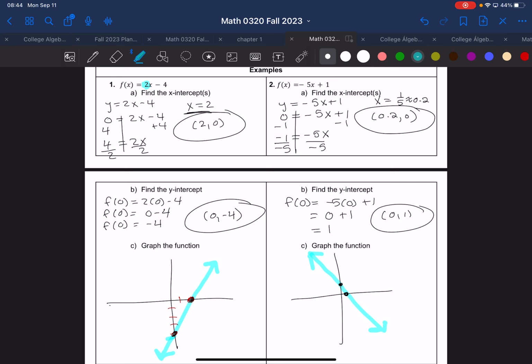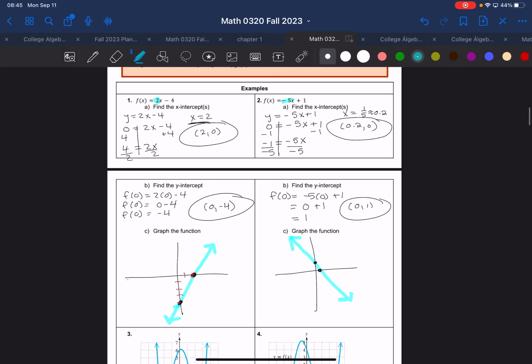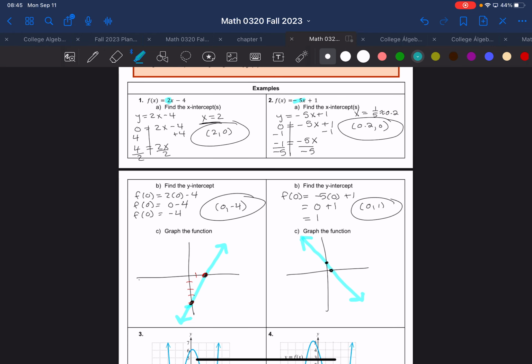And then looking here, I could tell my slope is what, positive or negative? Negative. And I could also tell that from what? Negative 5x. Good. That negative 5 in front of the x tells us the slope. So it's a negative slope. Okay. So this is x and y intercepts from a linear function.